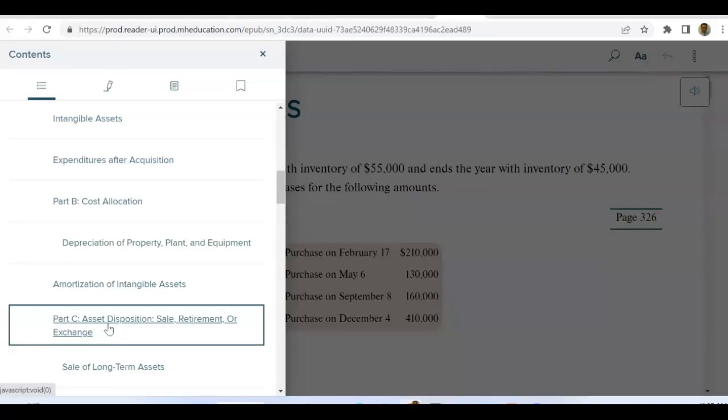When you dispose of an asset or sell it for cash, you receive cash, obviously. But the two things that need to be closed: let's say you sell one of your trucks. You need to close the truck T account because you sold it. Plus you need to close the accumulated depreciation truck T account, which is the contra account.